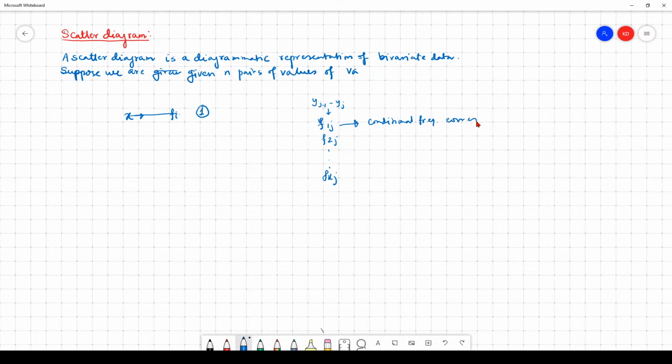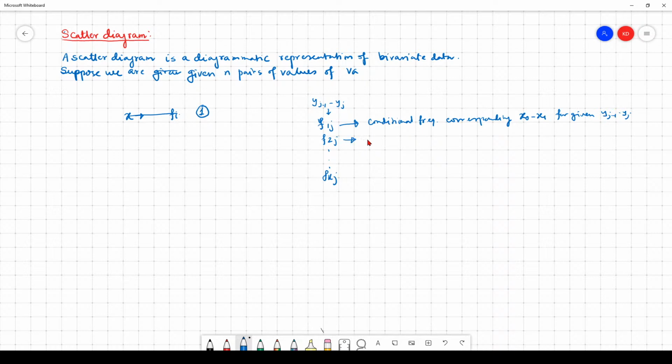corresponding to this class x0 to x1 for given yj minus 1 to yj.